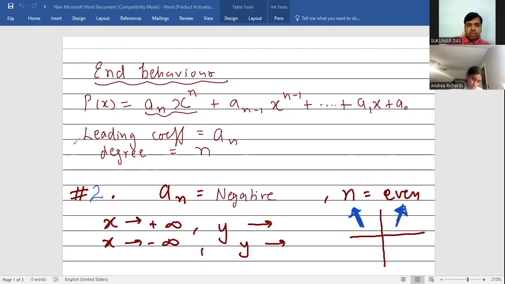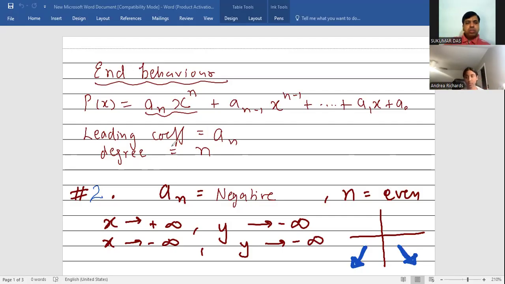In that scenario, when x tends to plus infinity, y will go to negative infinity. And when x tends to negative infinity, y will still go to negative infinity. Now we will show our end behavior like this. This one will be our end behavior. So this is scenario number 2.